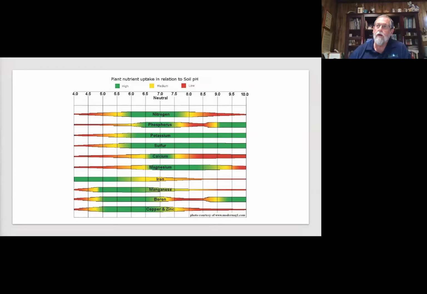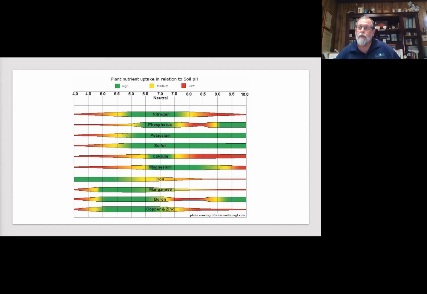So if you're way off in New England with a pH of 5, you're not getting the most out of your fertilizers. The plant just can't take them up. It's not available. Or in the West, where your pH gets well above 8. And this gives you a clue as to what you need to do to maximize your fertilizer efficiency.